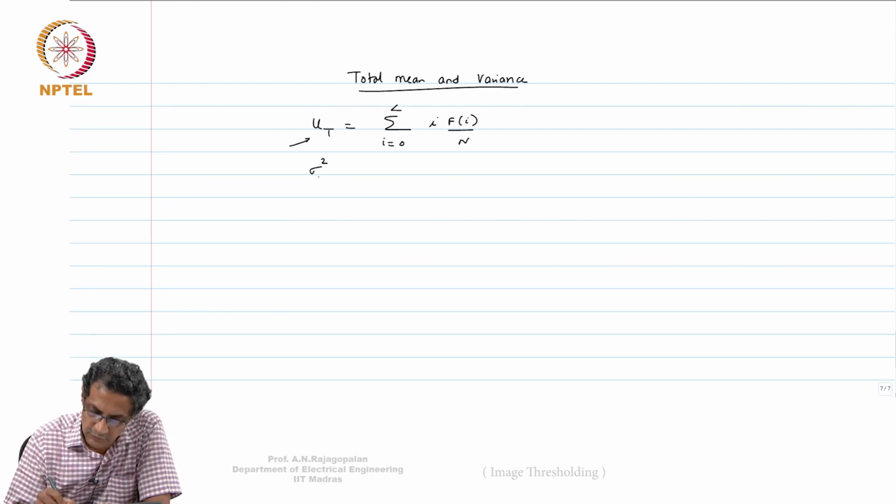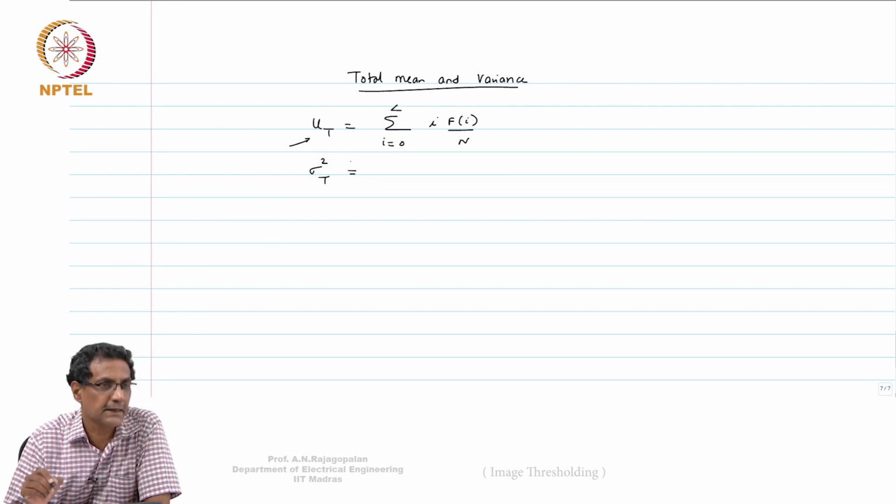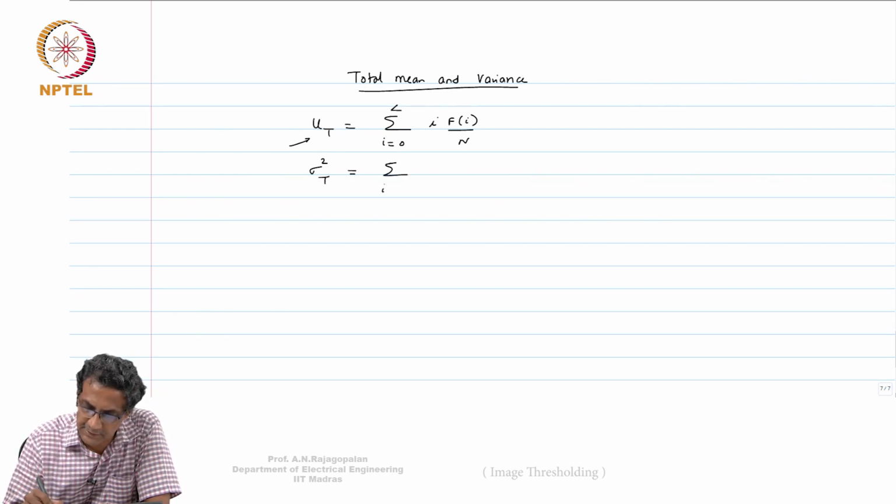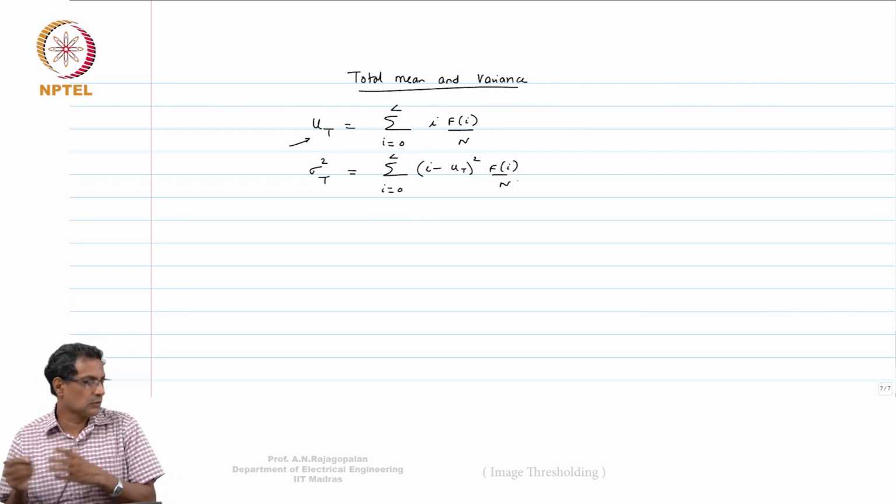Similarly, the variance is also not a function of t, so we will not put a bracket of t. We simply say this is equal to the summation I equal to 0 to L of I minus mu, the whole square, f of I by n. This is the overall, or total, mean and variance.